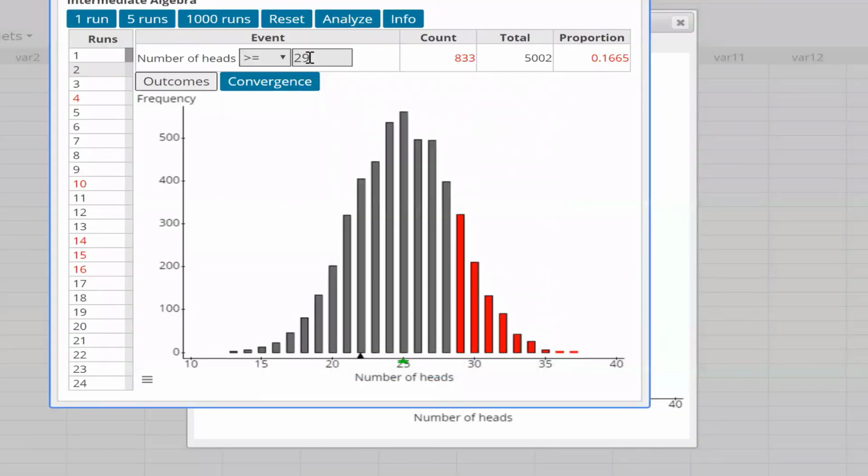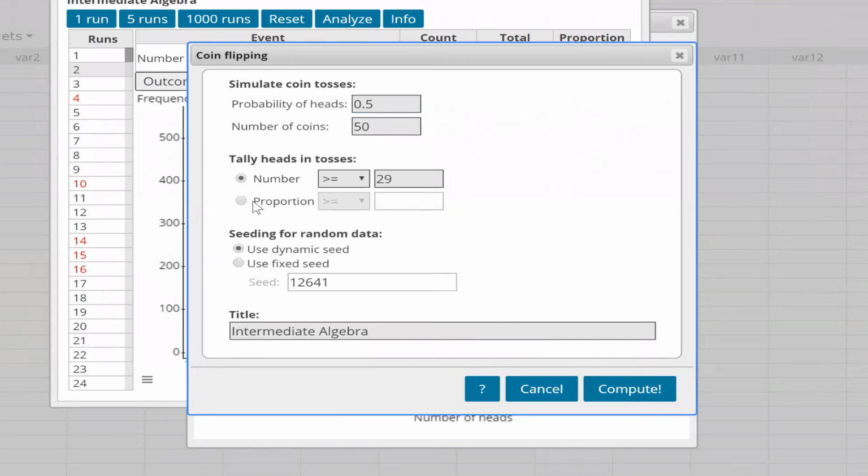In this, the event was 29 passing, right? So that's technically what we call our test statistic, the 29 or more passing. What I'm going to do now is go to Options, Edit, and change from the number passing to a proportion. The proportion is 0.58, 29 out of 50.